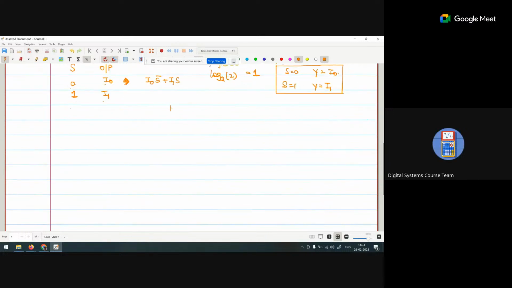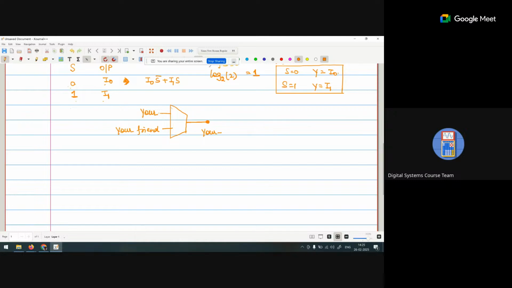For example, your data will be connected at this point, and your friend's data will be connected at this point. Now you get both data here. If you transmit both data at the same time, what will happen?